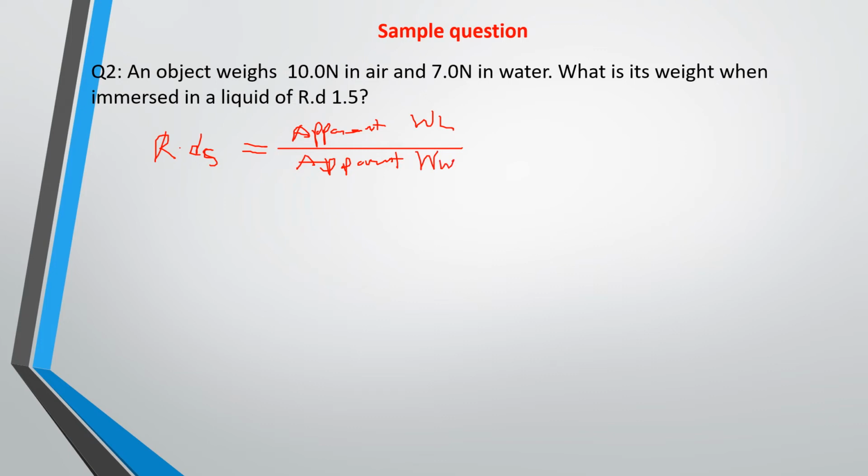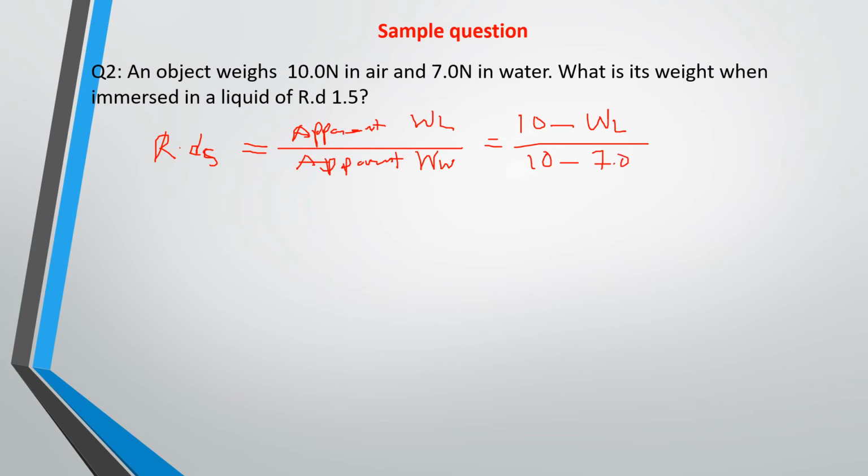Okay, so apparent weight in liquid is equal to weight in air minus weight in liquid. So weight in air is 10 Newton minus the weight in liquid, all over apparent weight in water, which is 10 Newton minus 7 Newton. Okay, so this is what you have.